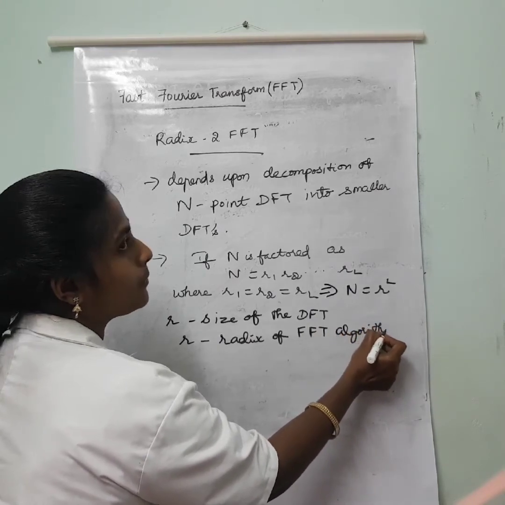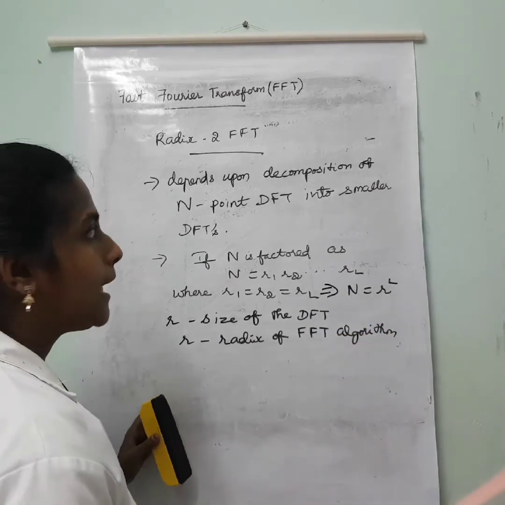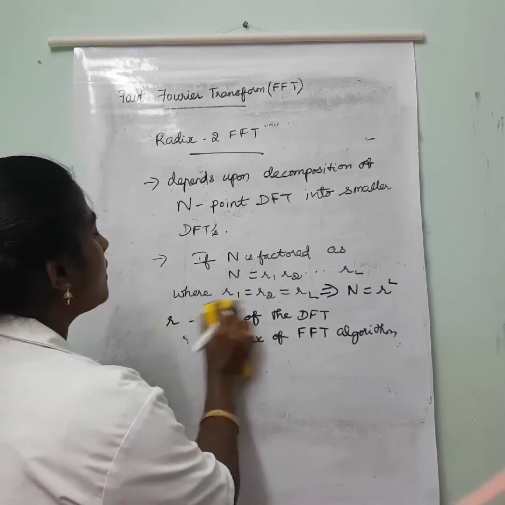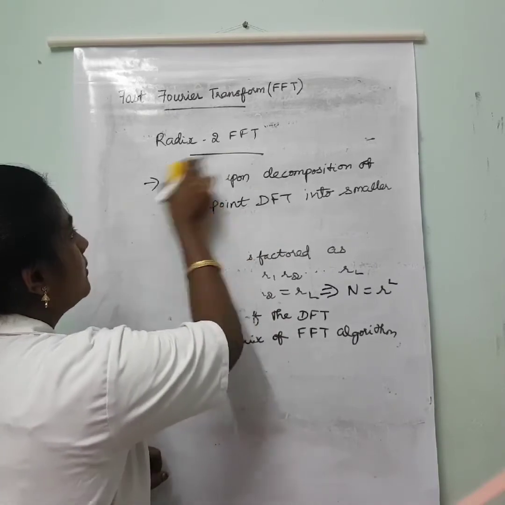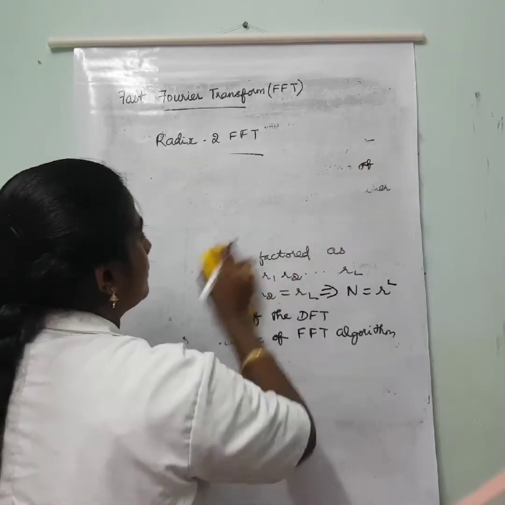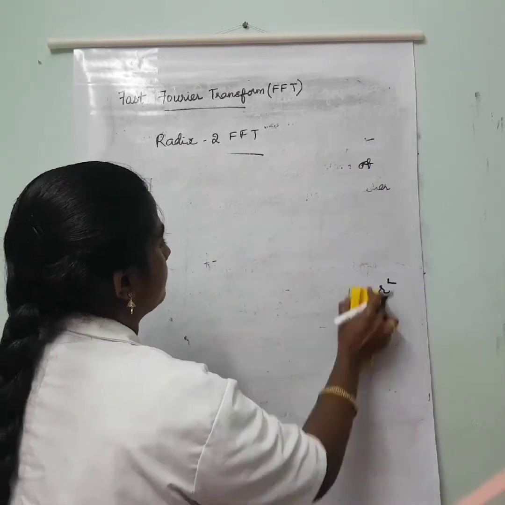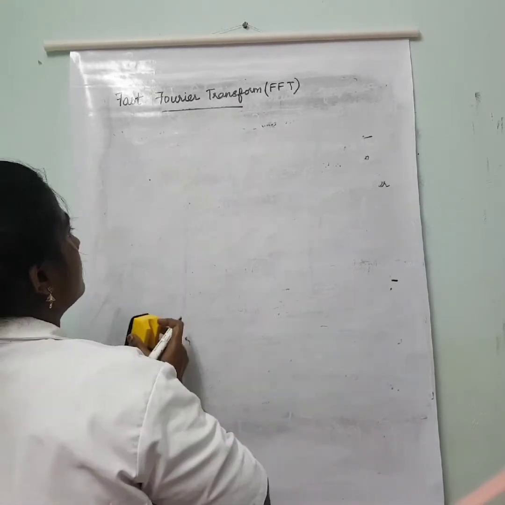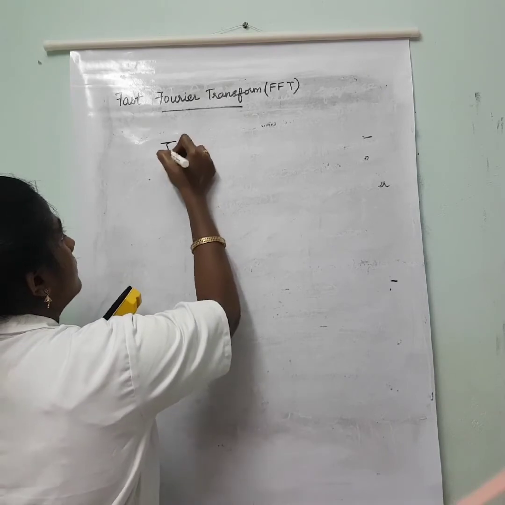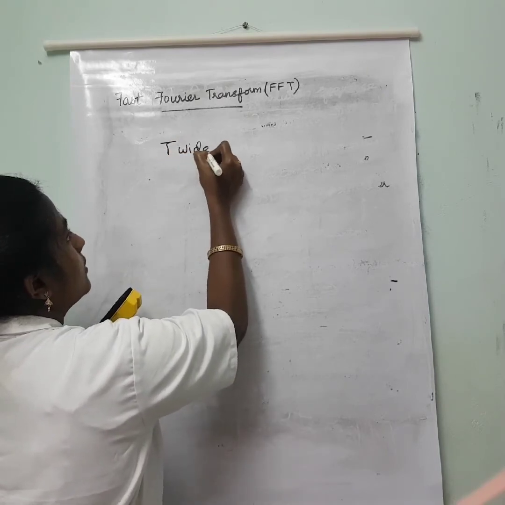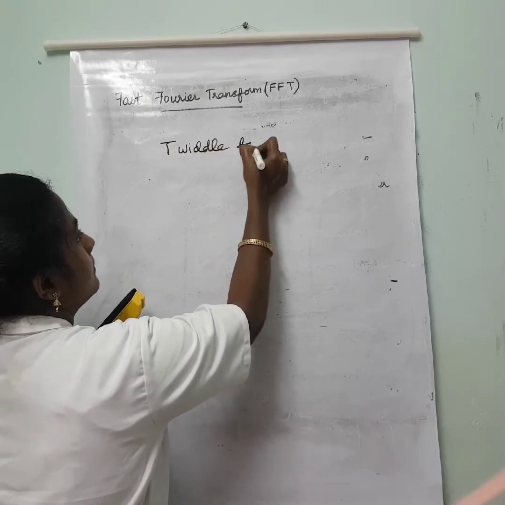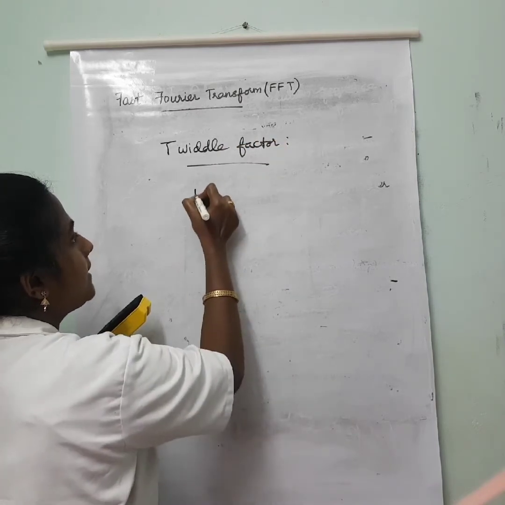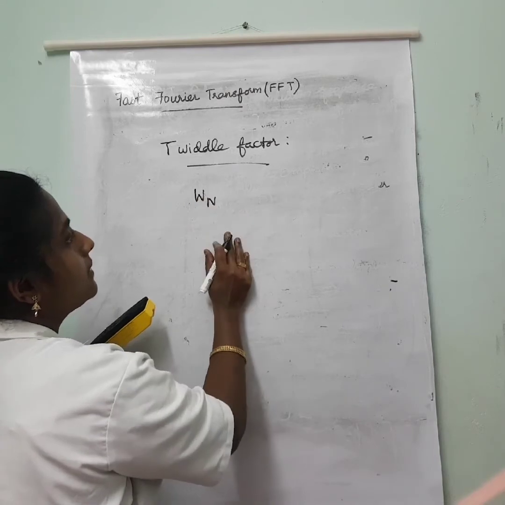Next we can see about the twiddle factor. An important thing in this fast Fourier transform is the twiddle factor. This twiddle factor is represented by Wn.